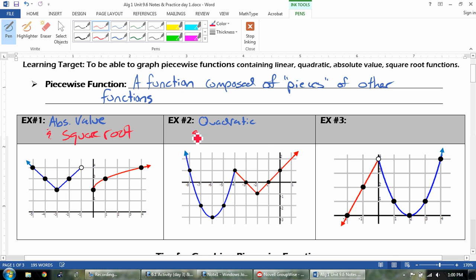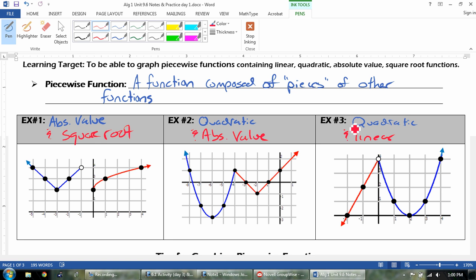And in the red, what do we have now? Yeah, it makes the V, so that's an absolute value. And then finally, that last one, example number 3, in the blue, it's a parabola, so that means it's a quadratic. And then in the red, we just see a straight line. Yeah, straight line, that's going to be a linear. Okay, so it's a combination of the two.